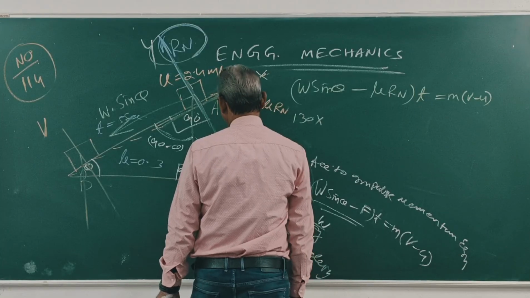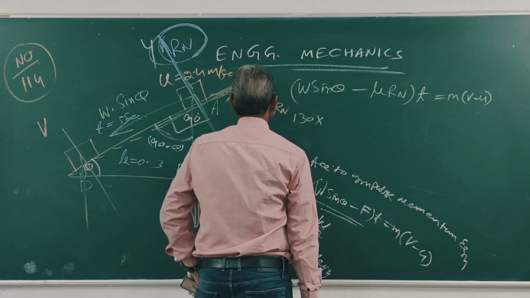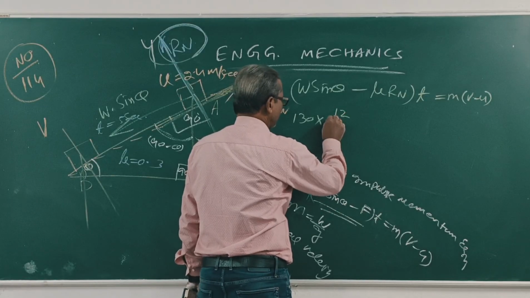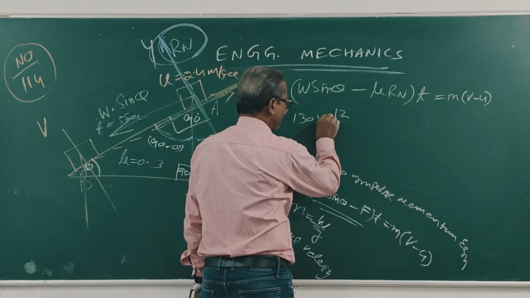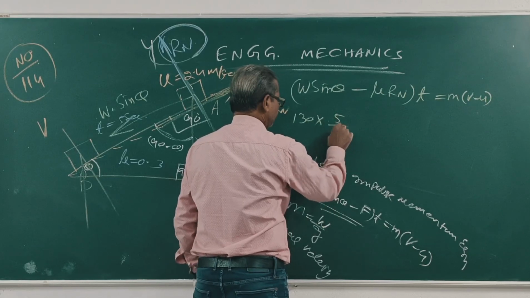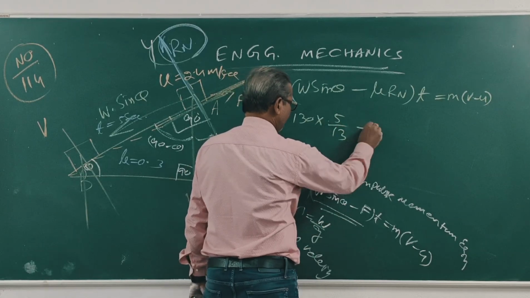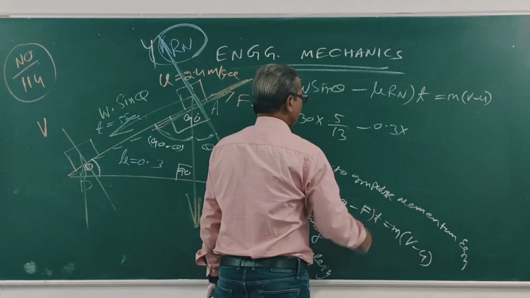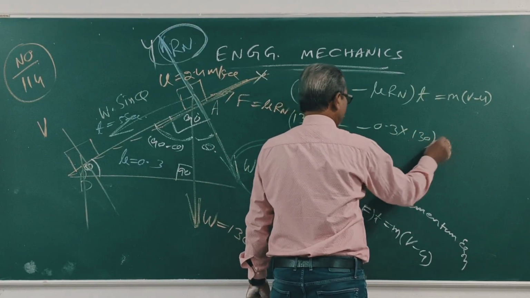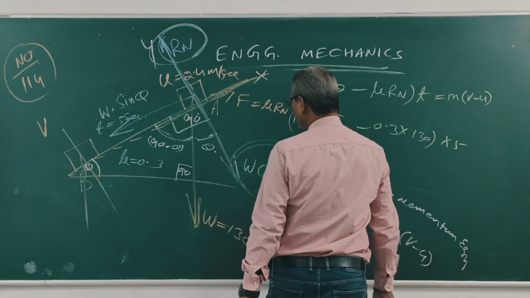What is sin theta? 12 by... p by h. 5 by 13 minus mu 0.3 into what is Rn? 130 into 5. Clear?